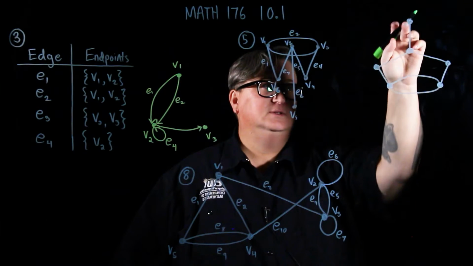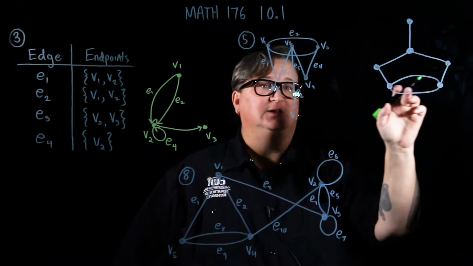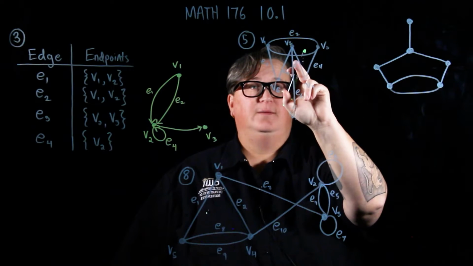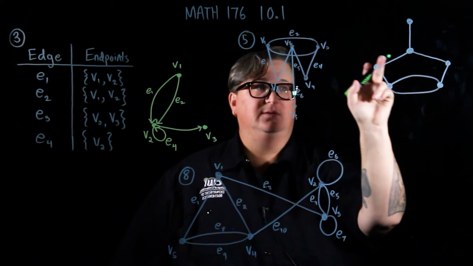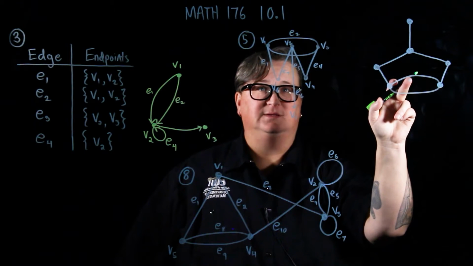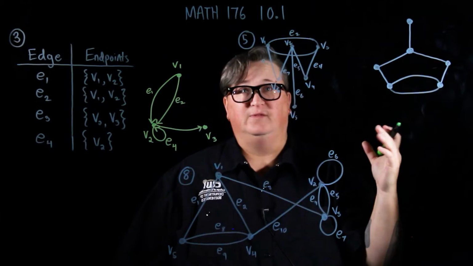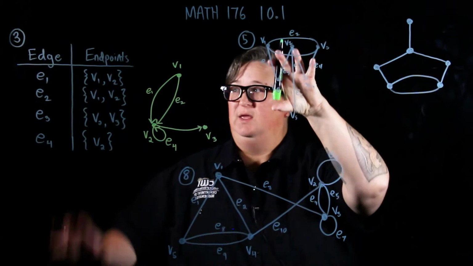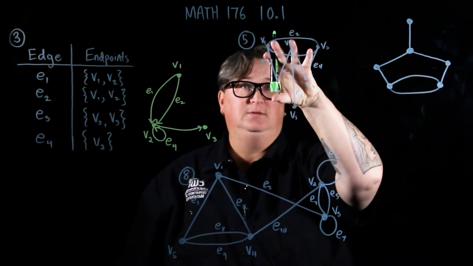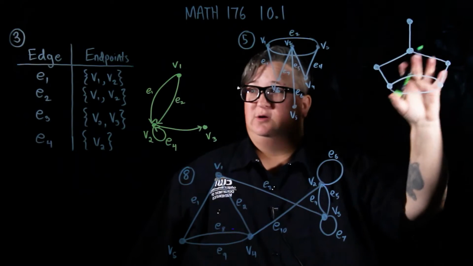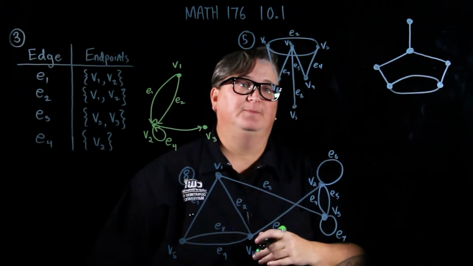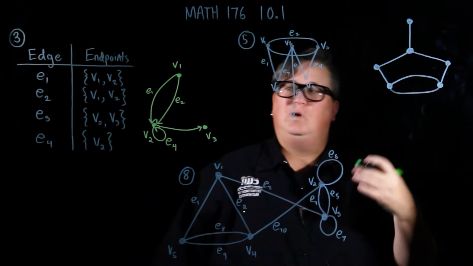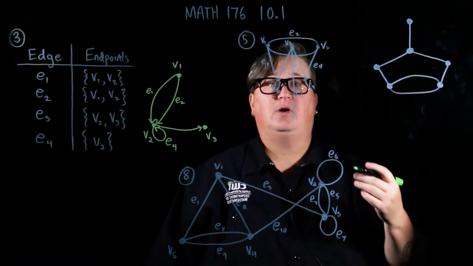So all we need to do is label these vertices in such a way that it could be shown to be an equivalent graph to this one. And the way we would show it's an equivalent graph is we could make one of these charts for this one and the same chart for this one and show that it ends up being literally the same chart, okay? So we don't need to work too hard to do this.